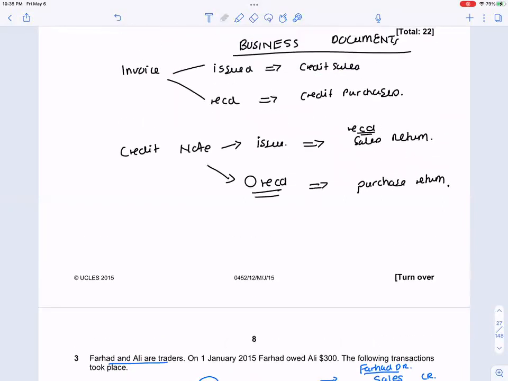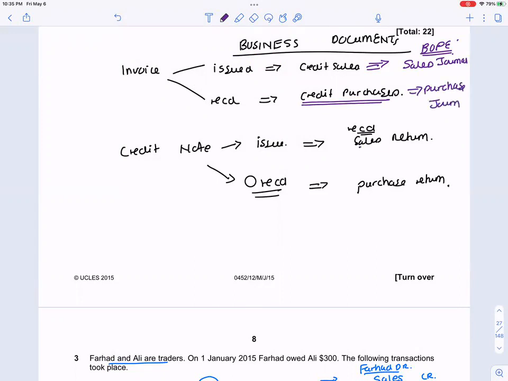Credit sales is recorded in which books? What would be the books of prime entry to record credit sales? Sales journal. What would be the books of prime entry to record credit purchases? Purchase journal.